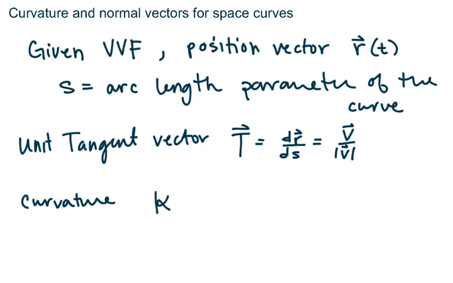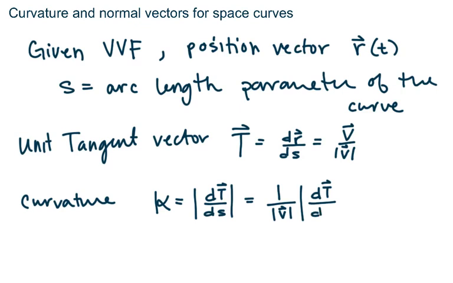Curvature kappa is the derivative of the tangent unit vector with respect to the arc length parameter, or more simply, which requires less work, we don't have to parameterize the unit tangent vector, we say 1 over the magnitude of the velocity vector, times the magnitude of the derivative of the unit tangent vector with respect to t.